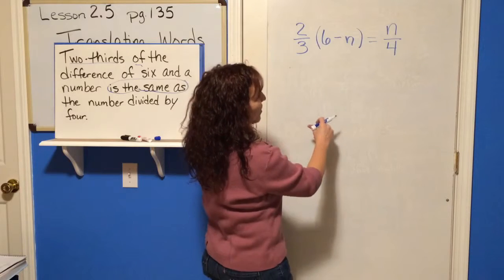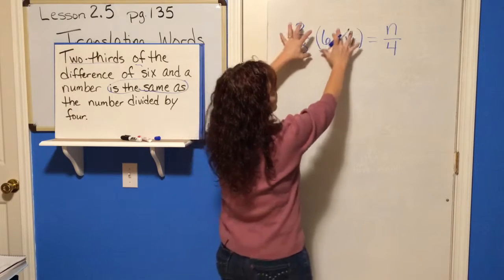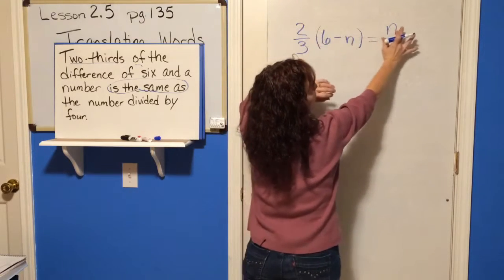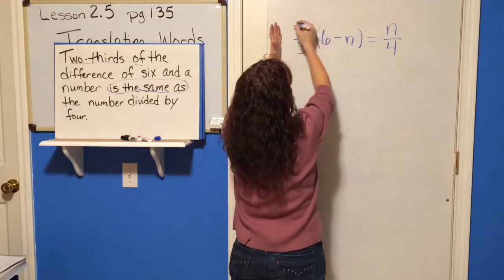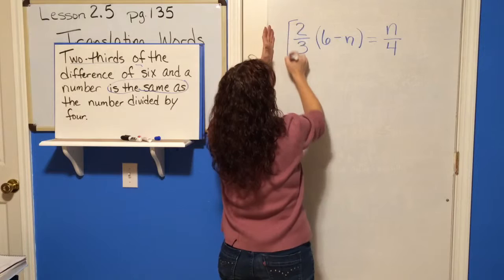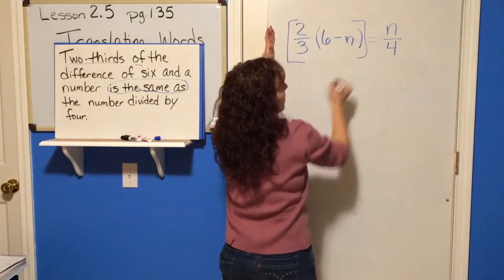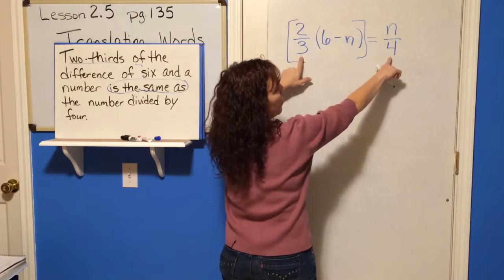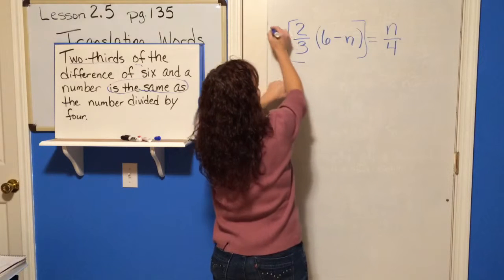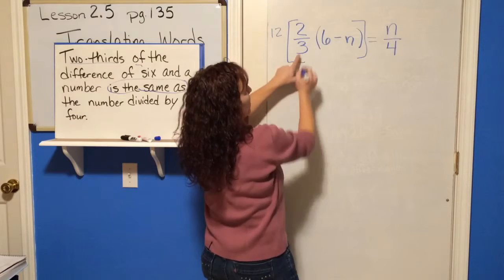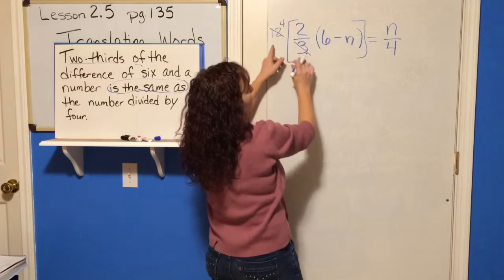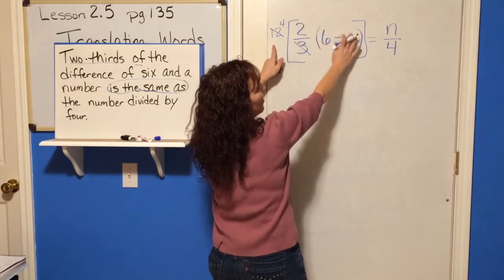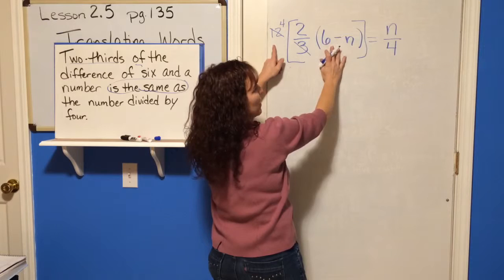So what we have here is we've got these 2 things multiplied and we've got this. So if we multiply this entire thing by the least common denominator, which is 12. When we reduce it here, that multiplies through everything, so we don't have to reduce anything here.